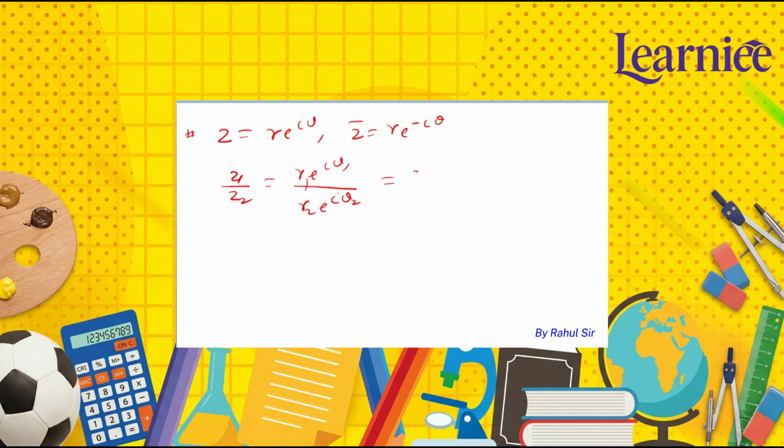So this is r1 upon r2 e to the power i theta 1 minus theta 2. Okay, so what is the conjugate of z1 by z2? I will replace i by minus i. So it will be r1 by r2 e to the power minus i theta 1 minus theta 2.